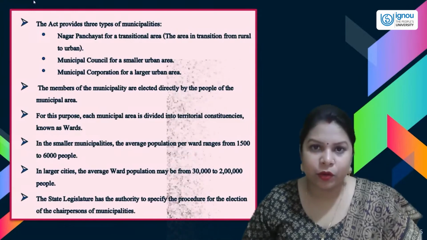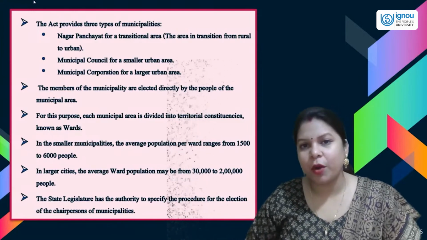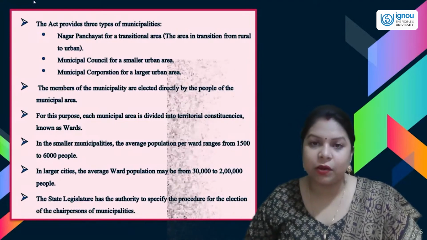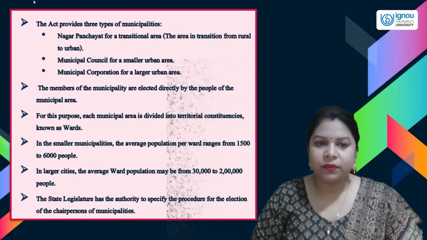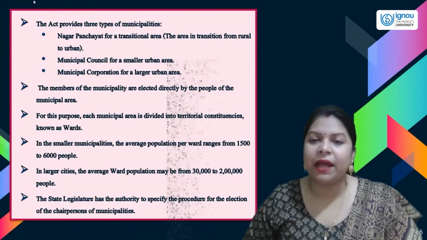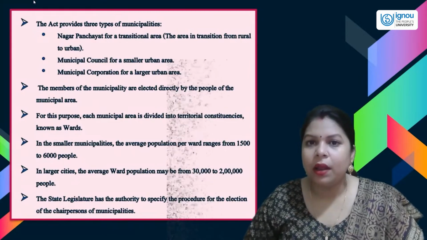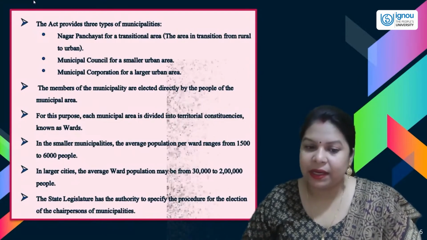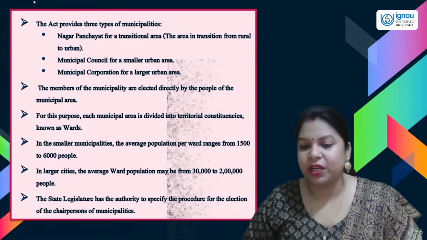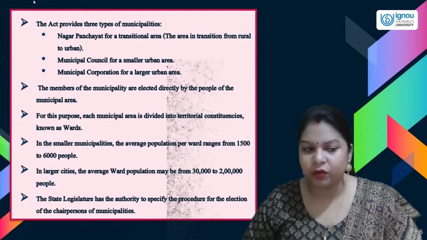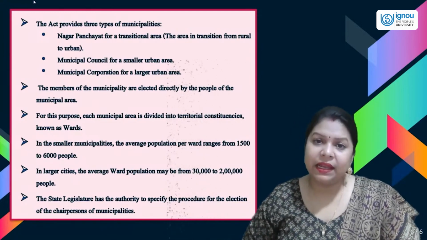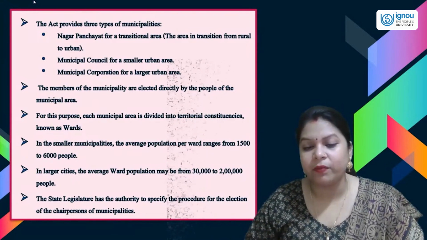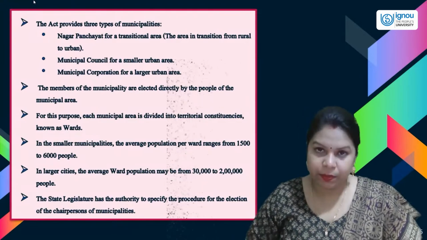In smaller municipalities, the average population per ward ranges from 1500 to 6000 people. How can we define the municipality as a smaller or a bigger one? By its population. In larger cities, on the other hand, the average ward population may be from 30,000 to 2 lakh people.